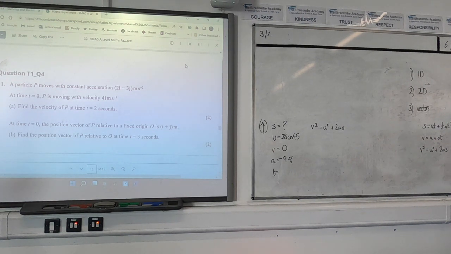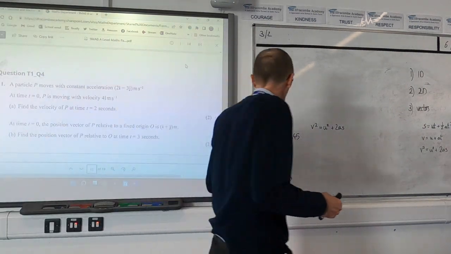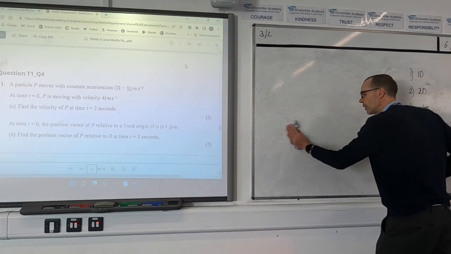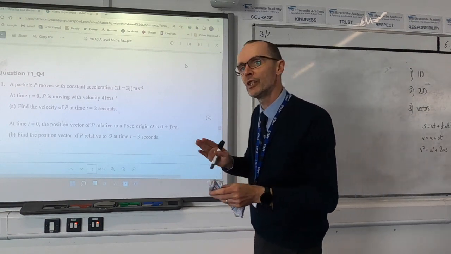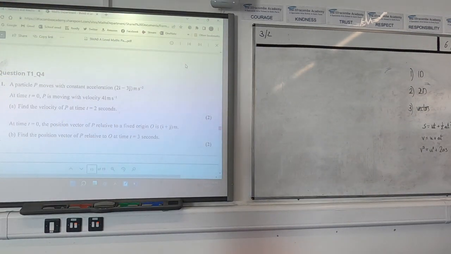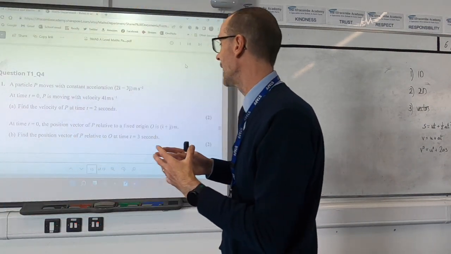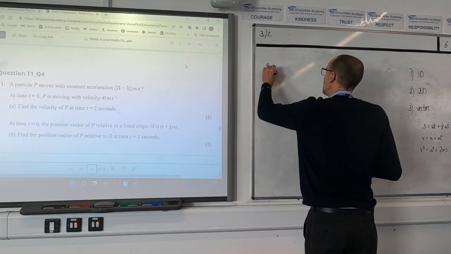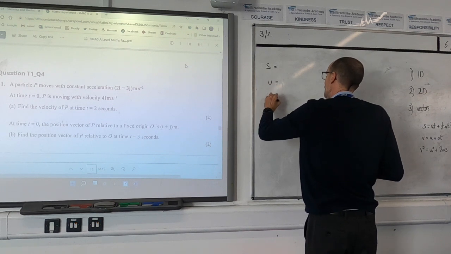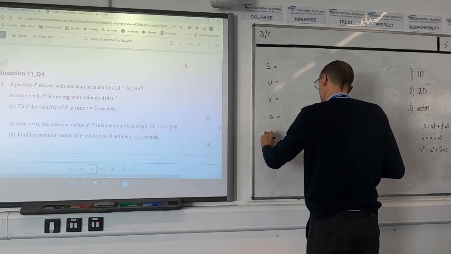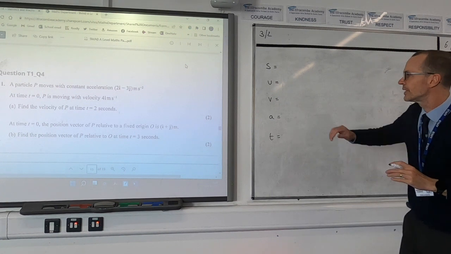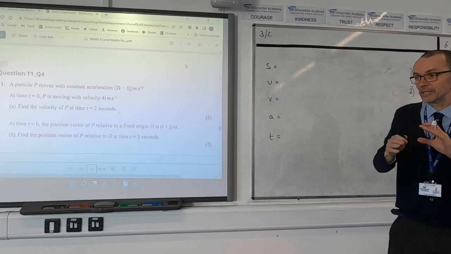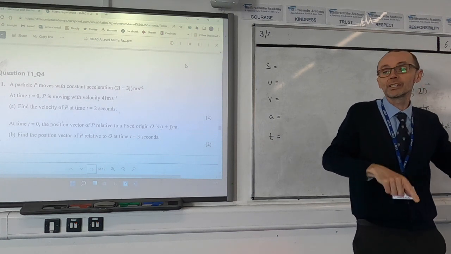Okay, so an alternative way of describing two-dimensional motion is to describe the horizontal and vertical components in one go, and that is what a vector provides us with. So if we look at our SUVAT statement, displacement can be a vector, because in two dimensions you're moving in this direction and this direction.